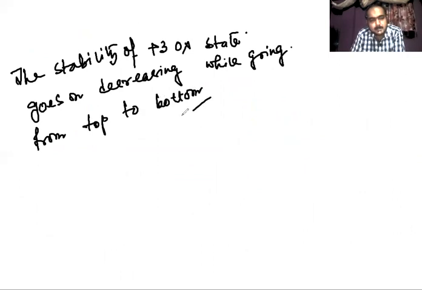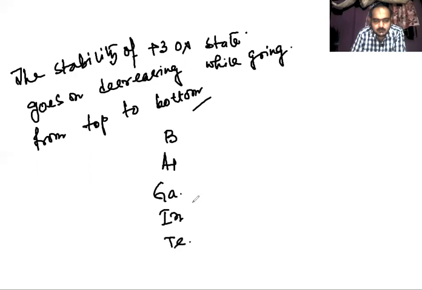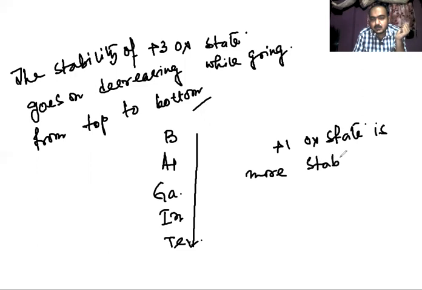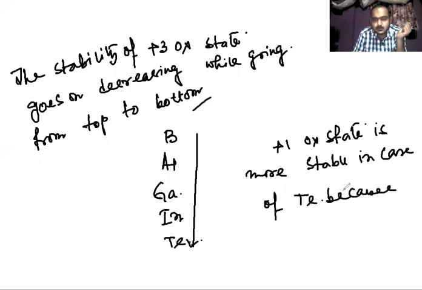Now you can see boron, aluminium, gallium, indium, thallium. While going from top to bottom, the plus 1 oxidation state is more stable in case of thallium, due to the inert pair effect.